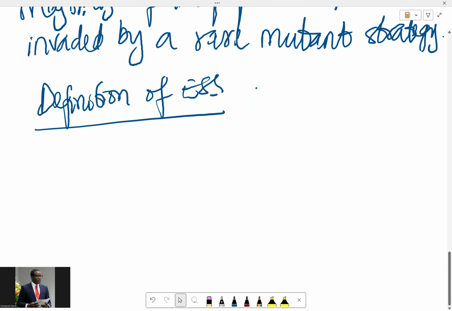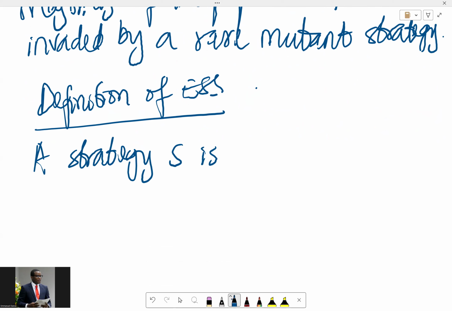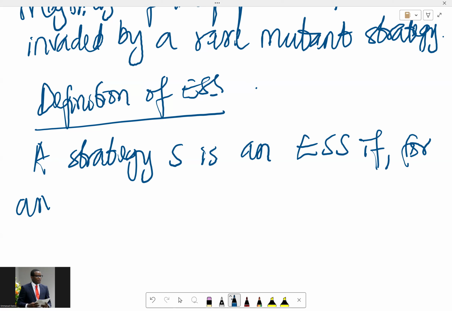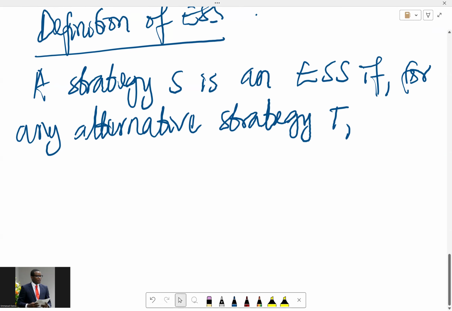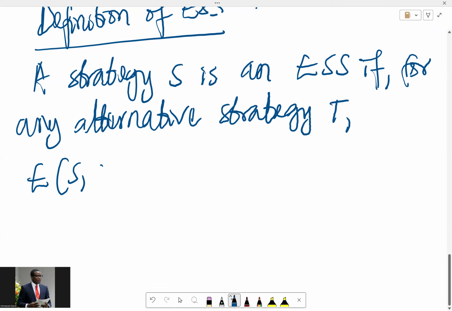We say a strategy S is an evolutionarily stable strategy if for any alternative strategy T, the expected payoff for strategy S is greater than the expected payoff if you introduce T into the situation.